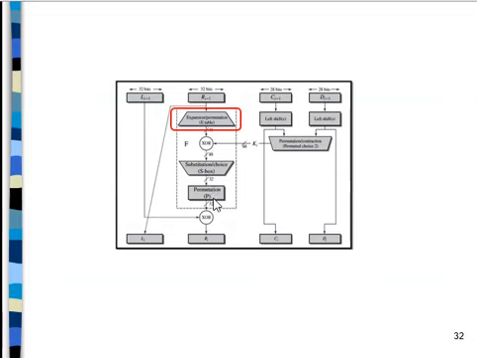And finally, after permutation, these 32 bits will be XORed with the left block of our plain text in this step.